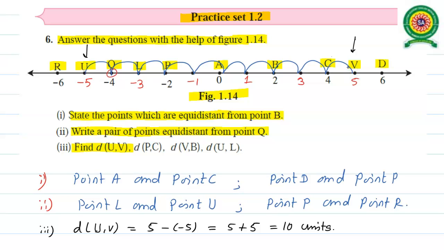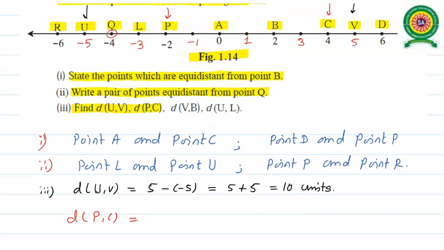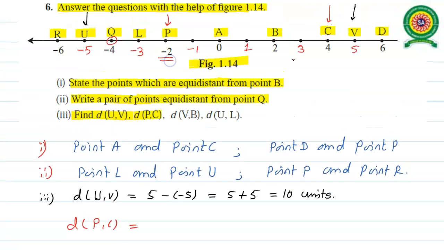Okay, now we have to evaluate the distance between point P and C. Look at P. P has the coordinate minus 2 and C has the coordinate 4. So for finding the distance of P comma C, look at their coordinates. Among them, which is the greatest number? We have it as 4. So we have to subtract minus 2 from 4.